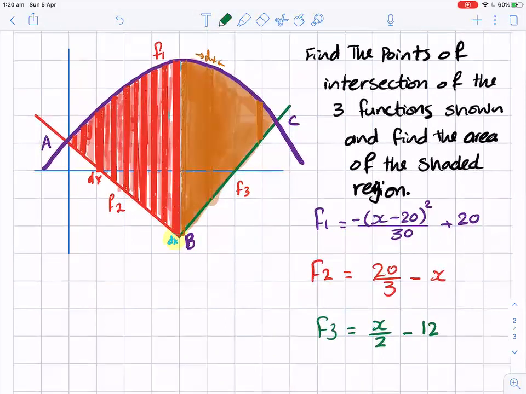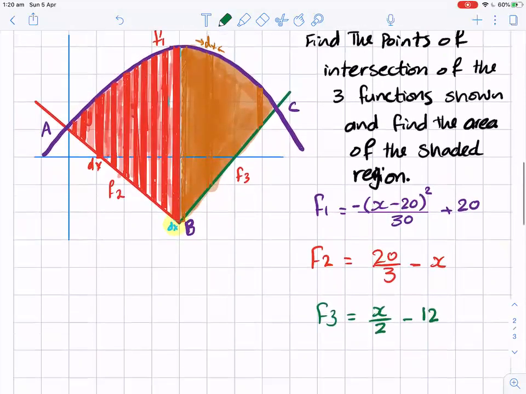For the point A, because they meet at the y-axis, x equals 0.